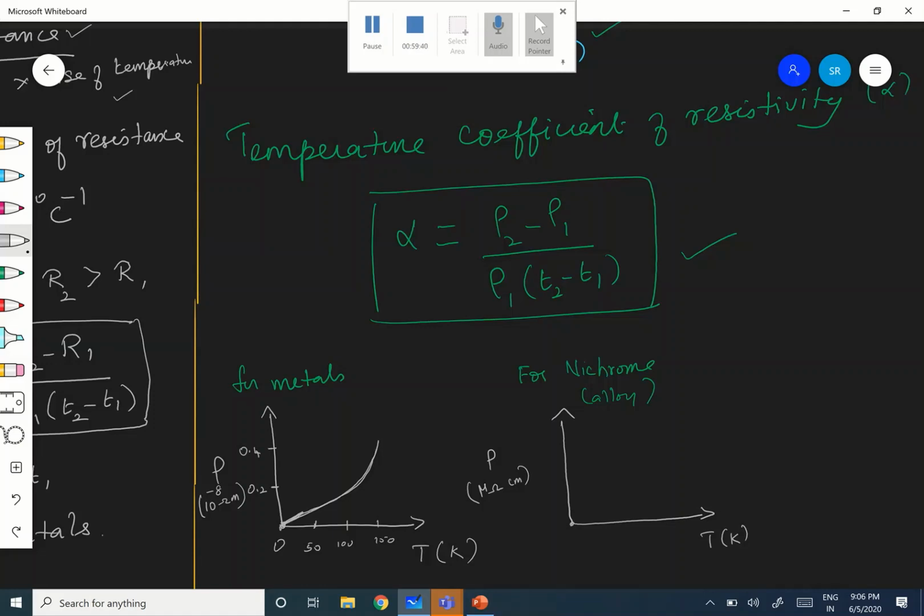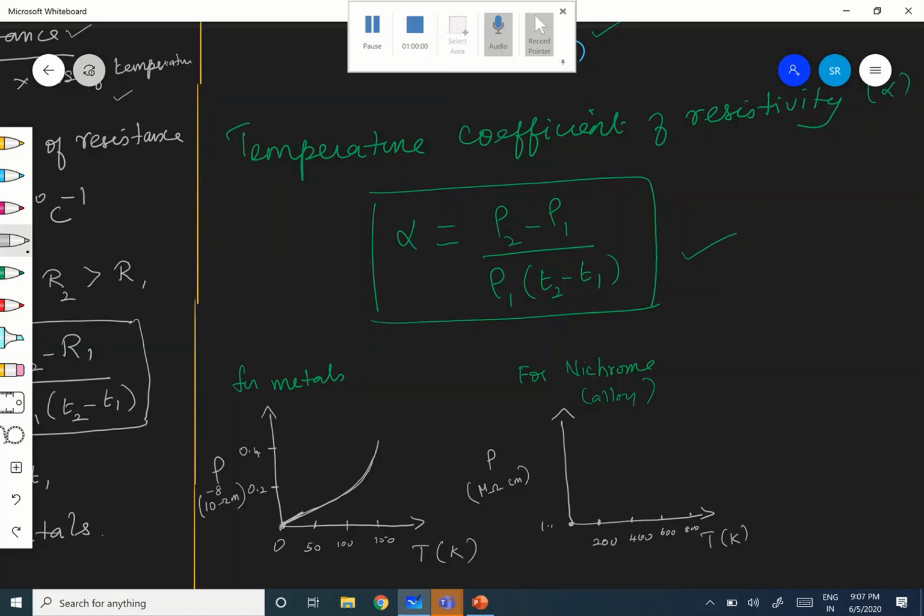Here you see the temperature is up to 200, there is no change. That is why I am starting from 200, 400. That means up to 200 there is no appreciable change in the resistivity in the case of an alloy.